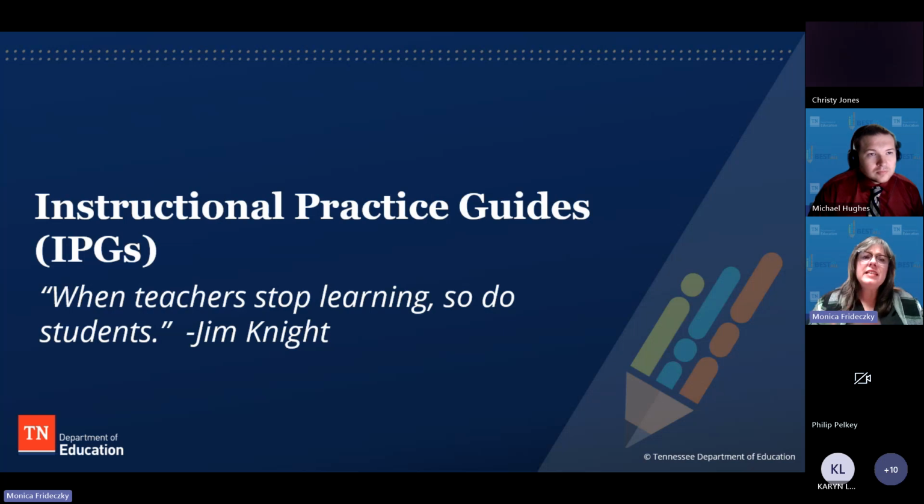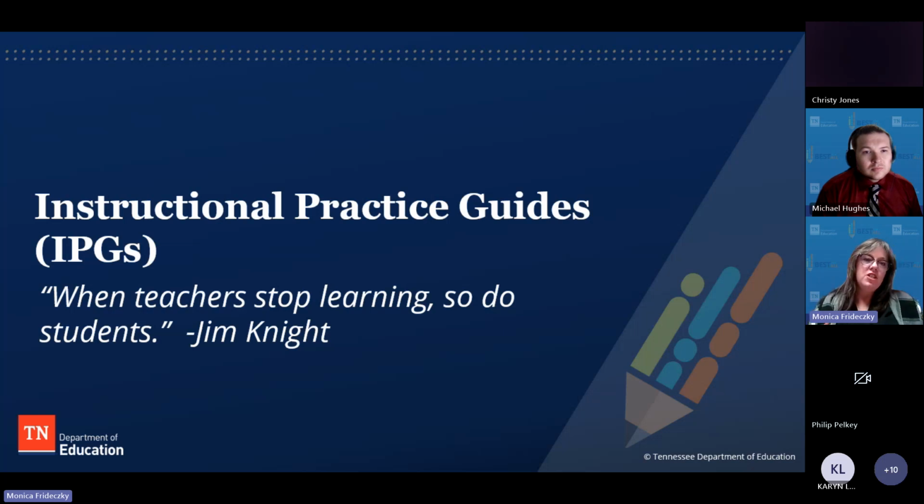The reason we felt like this would be a really impactful statement to start out with is that the math IPG, and actually not just the math IPG but the ELA IPG as well, is meant to be a tool that helps build a culture of continuous learning, not just for teachers, but for students also.